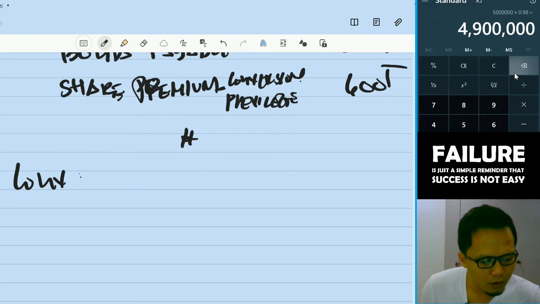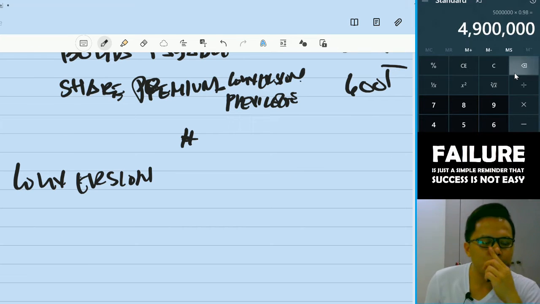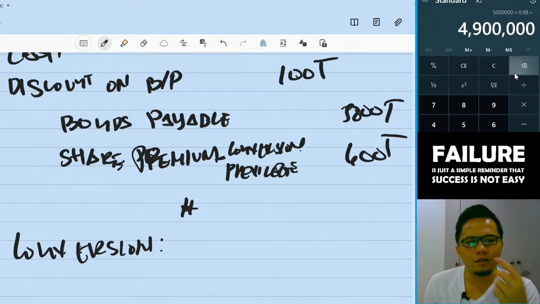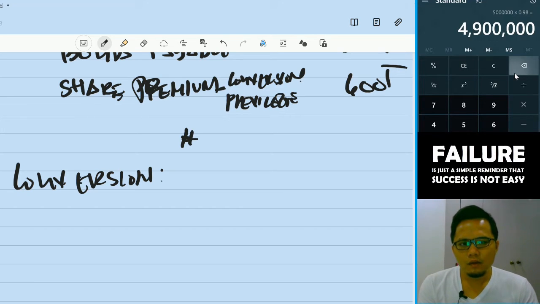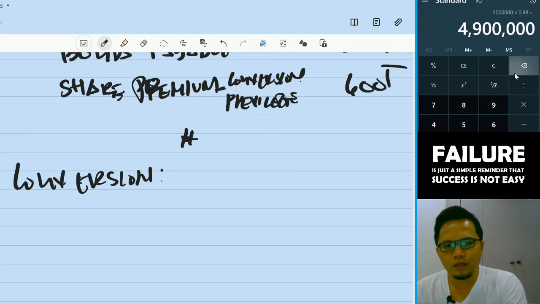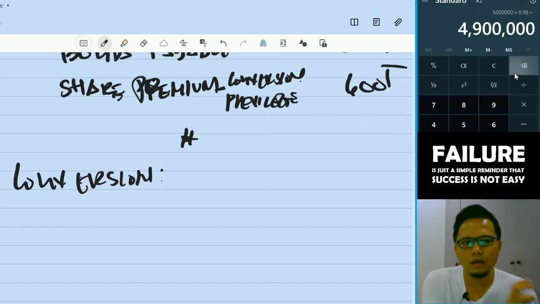Now, on conversion. We have to remember this concept. If bonds is converted into shares of stocks, into share capital, it is as if there is just a reclassification from one instrument to another, as earlier discussed. So, from debt to equity.